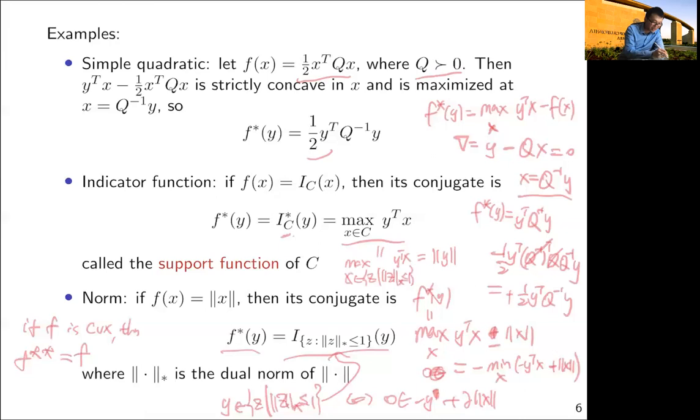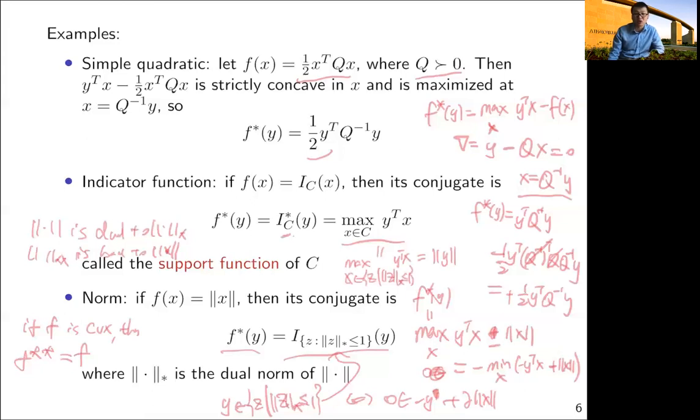Okay, so again, a norm is dual to its dual norm, then the dual norm's dual is back to the original norm. Okay, so when thinking about the dual norms, think about the Lp norm. L1 norm is dual to L infinity norm.